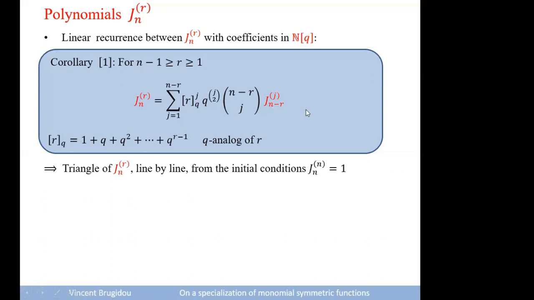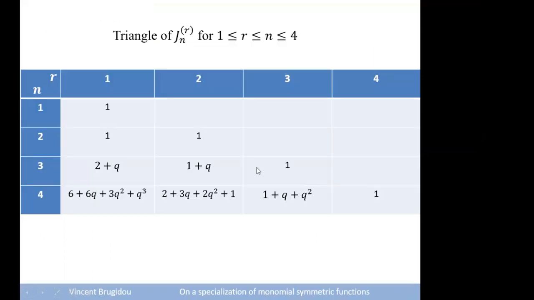We notice that the coefficients of this recurrence belong to this set. The horizontal recurrence allows the calculation of the triangle of G and R line by line from the initial condition. Here is a triangle for n less than or equal to 4.